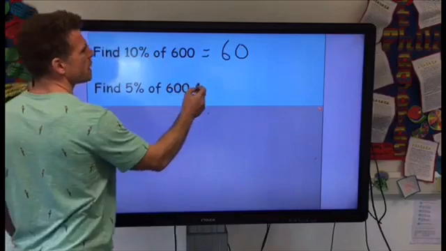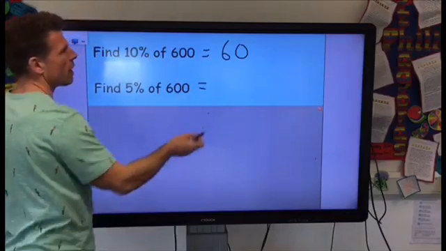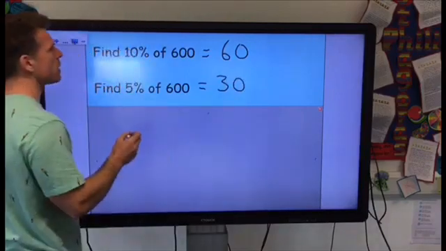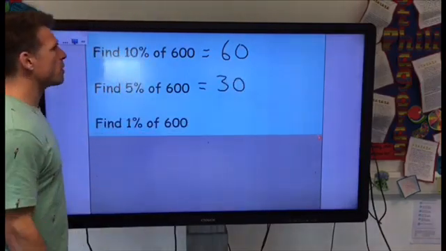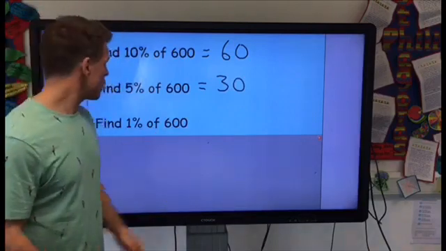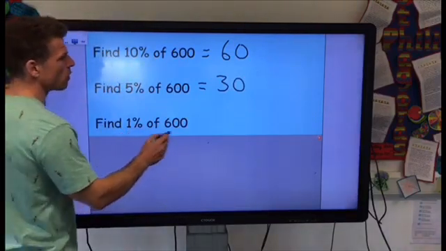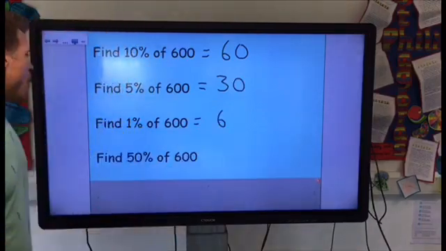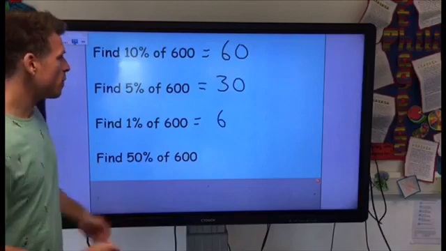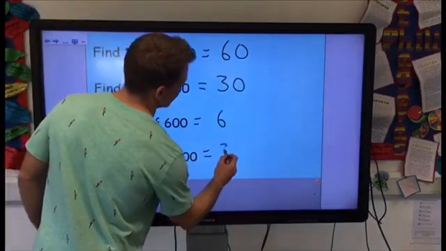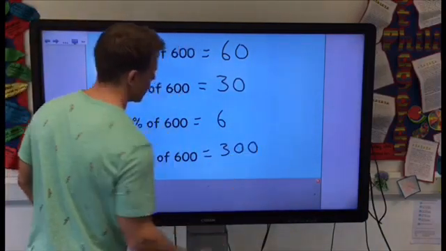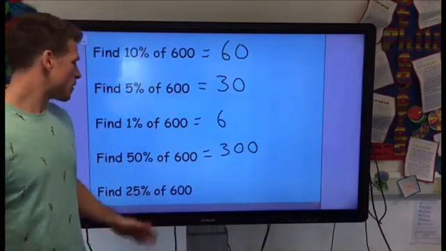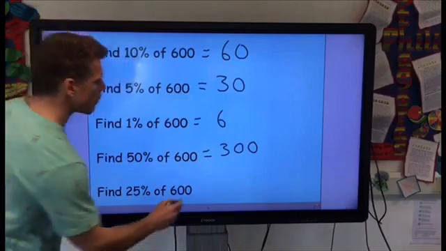Well, 10% is 60, we know we have to half that, because 5% is half of 10%, so 5% would be 30. 1%: you divide by 100, 600 divided by 100 would make 6. To find 50% you half it, which would make 300. And to find 25%, that is half of 50%, so half and half again, which would make 150.